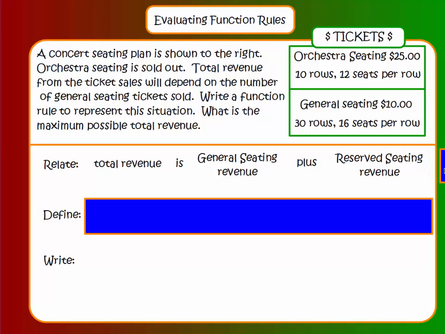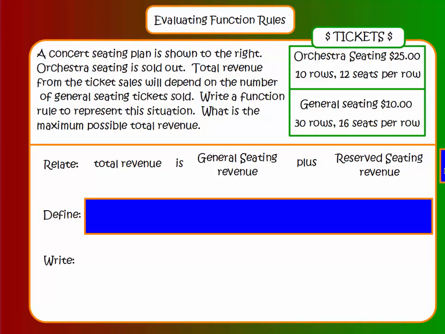Okay, and that makes sense, right? If you think about it, all of the money that we're going to make is going to be based off of how much I make from the general seating and how much I make from the reserve seating. The reserved seating is the orchestra seating here in this case.